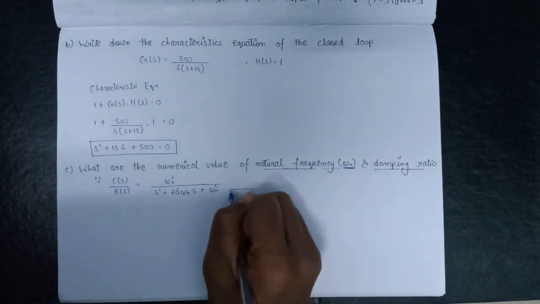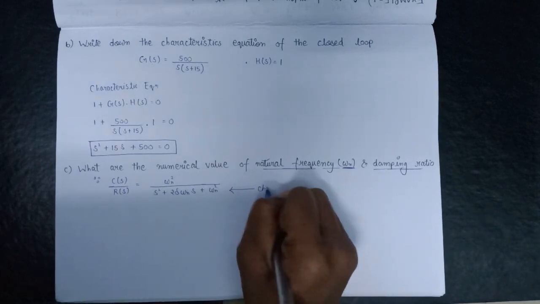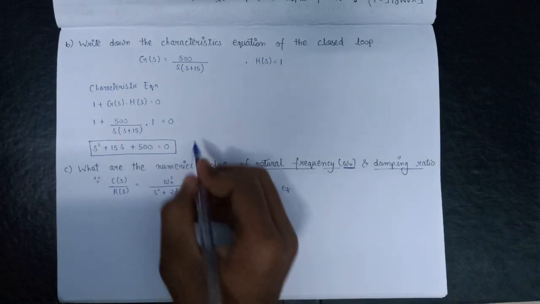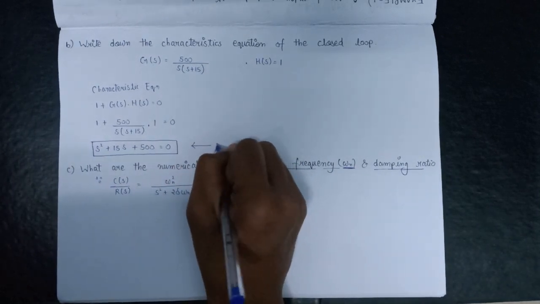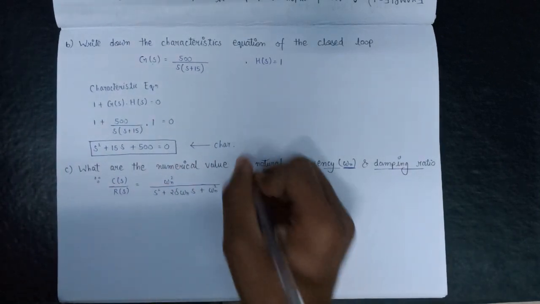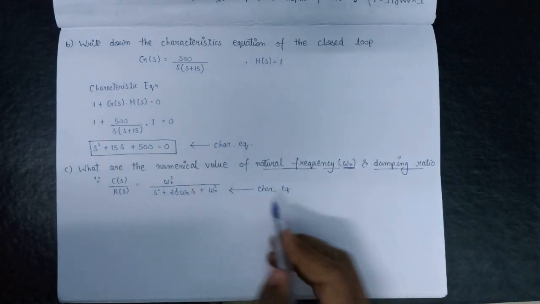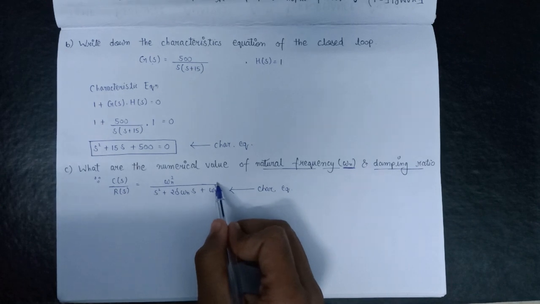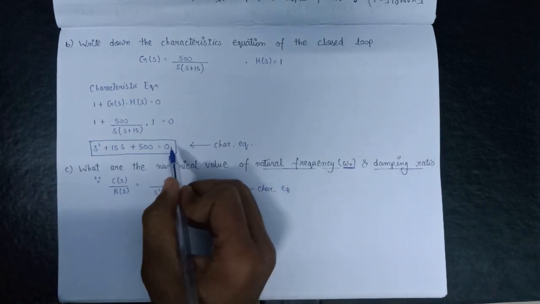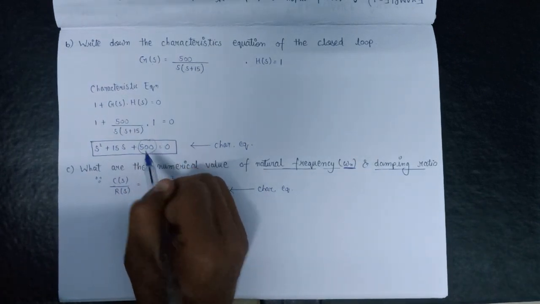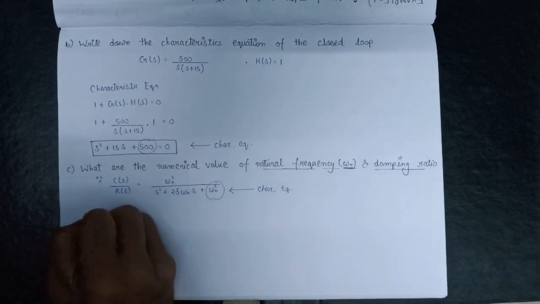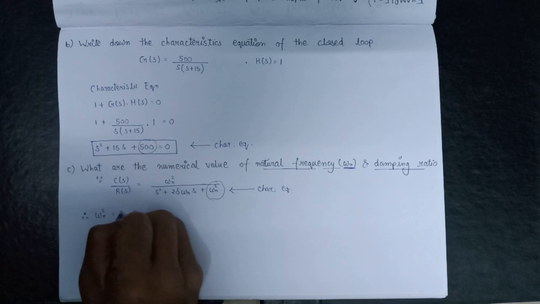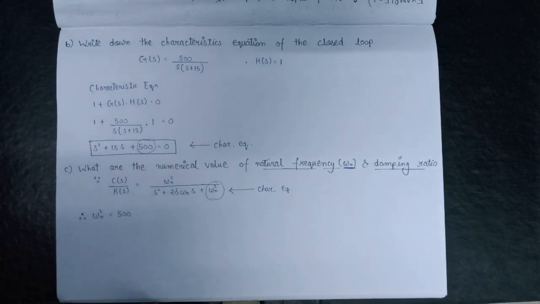So this is nothing but the characteristic equation, and we also determined this characteristic equation. On comparing both the characteristic equations, we get that omega n square is equal to 500. Therefore, omega n to the power 2 will be equal to 500.